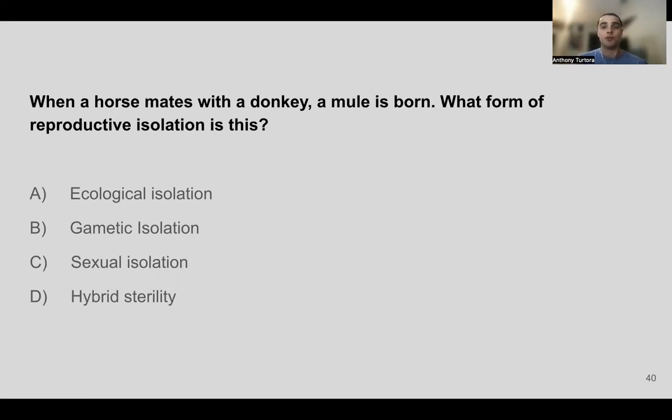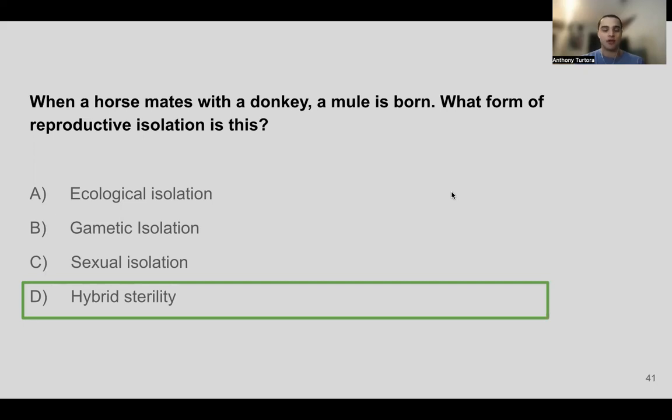So a mule is born, which is a hybrid, and so this might be a post-zygotic barrier. Both ecological isolation and gametic isolation are pre-zygotic barriers. And C, sexual isolation is not a thing. So I know A, B, C is all wrong, while D is the correct answer, hybrid sterility. We will talk about all of the barriers here in a second.